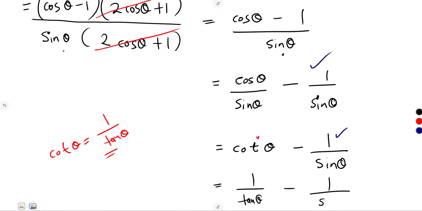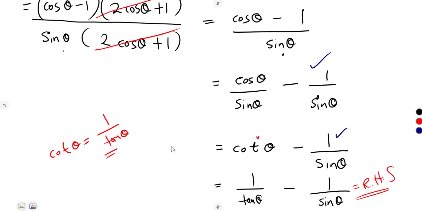Is it the same as what I'm given on the right hand side? It is exactly the same as what we're being asked to prove. So we have exactly what the right hand side is representing. So that is it. That is the idea, guys. Prove.